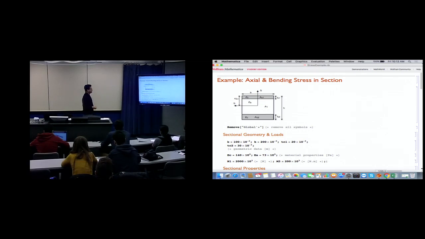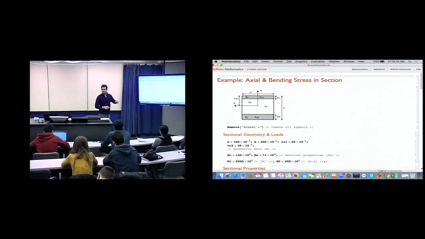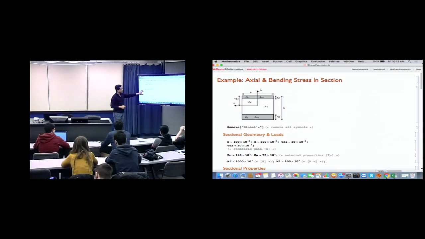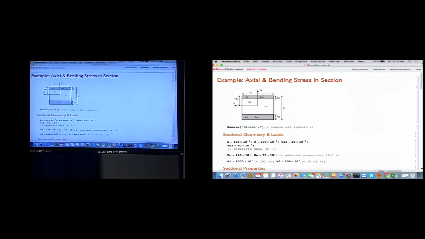If it was the same, the centroid would have been the geometric centroid of this section, but it's not. So the geometric centroid of this section will be different as compared to the sectional centroid we evaluate for our calculations, right?